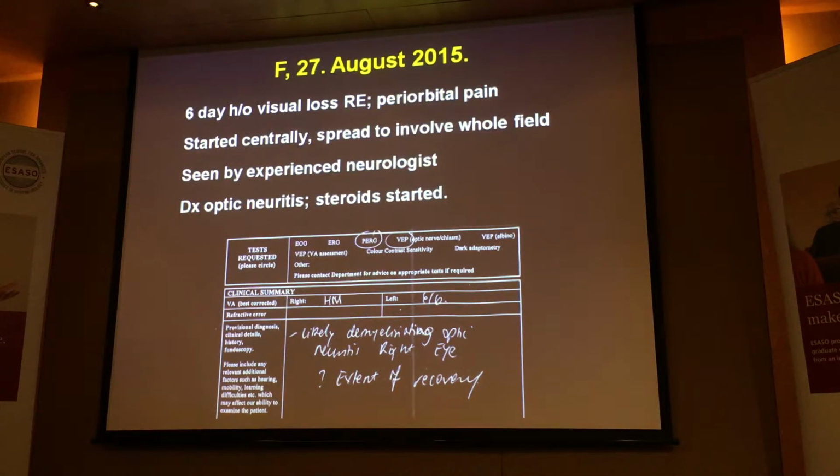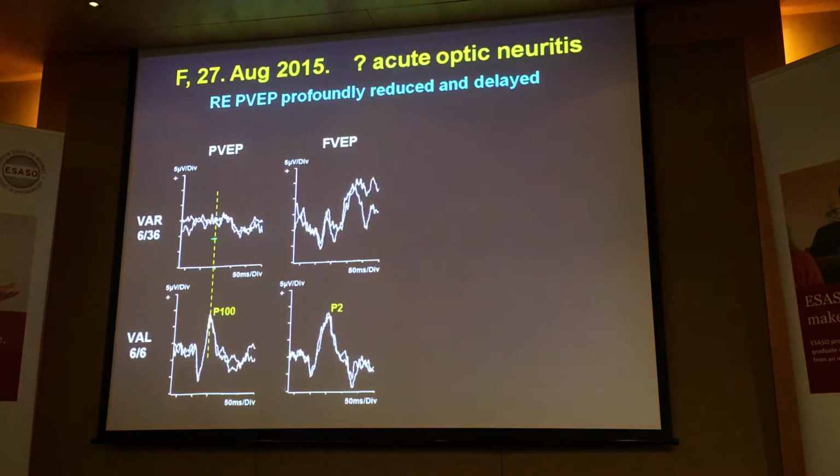Patient here, who was referred by a world-famous neurologist, with demyelinating optic neuritis, right eye. What was the extent of the recovery? The patient was part of a trial, had already been started on steroids, with periorbital pain, and a central scotoma. The VEP was just about detectable, very delayed, very small.